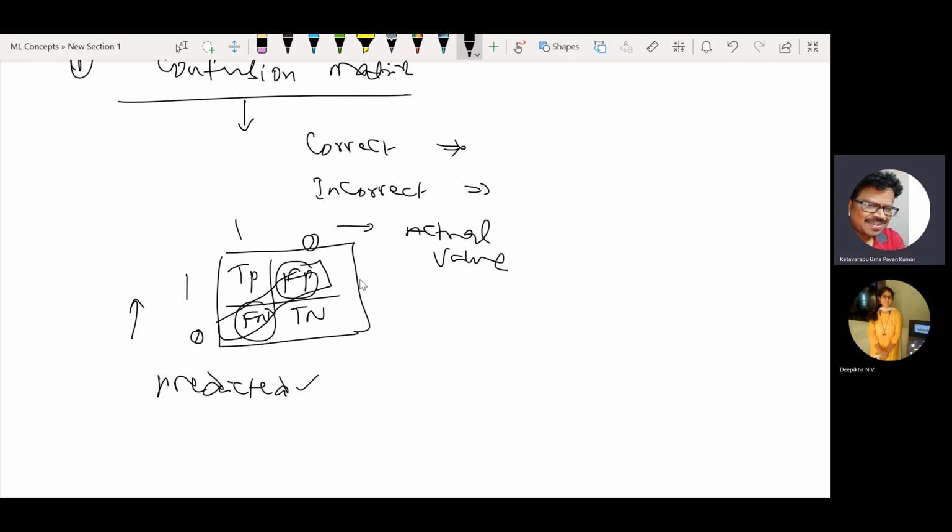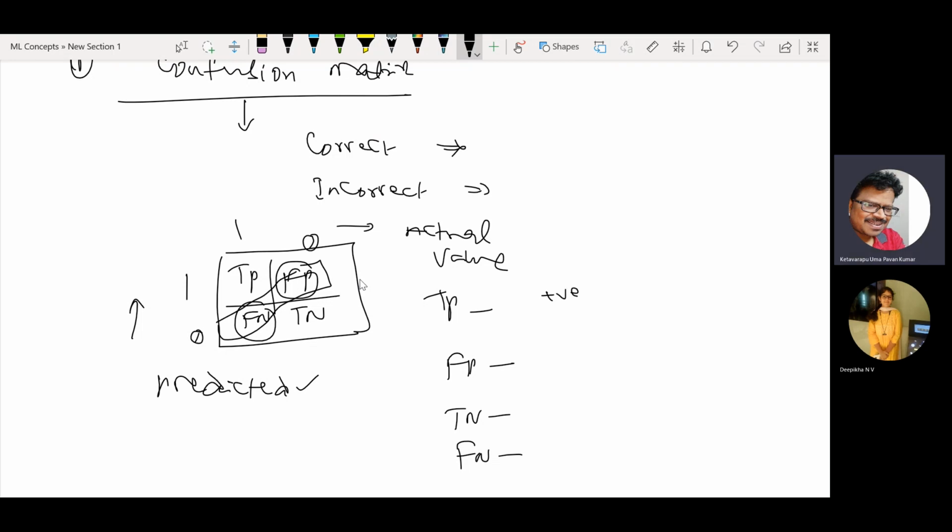Now let me give you this convention: true positive, false positive, true negative, and false negative. True positive is the number of positive observations the model predicted as positive.